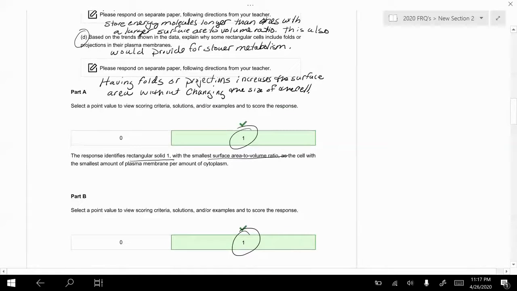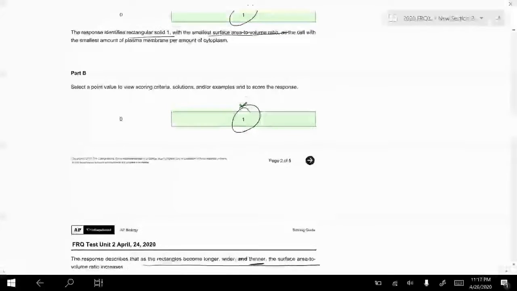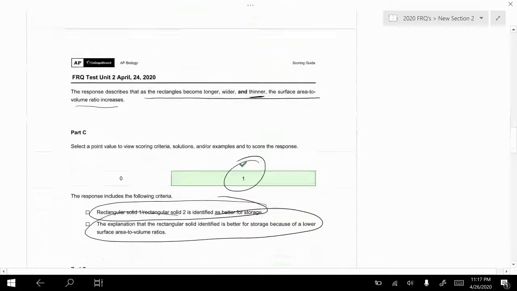D. Some rectangular cells include projections in their plasma membrane. Why some do? I think that's a point. I only said surface area, but it does increase the surface area without changing the size of the cell.